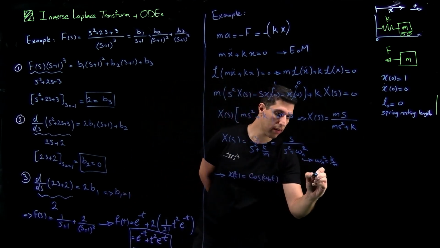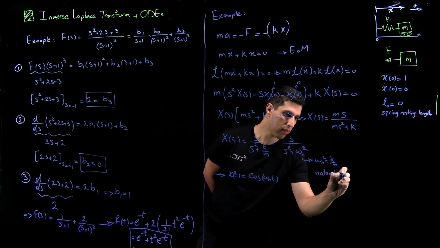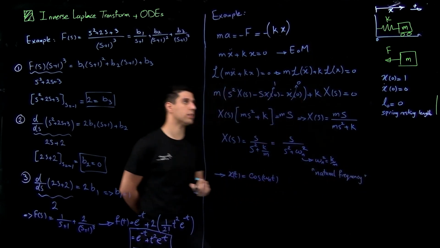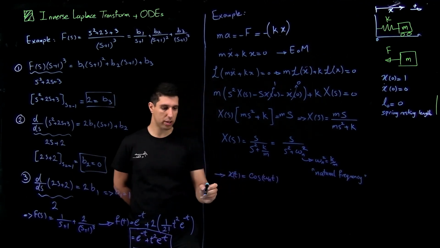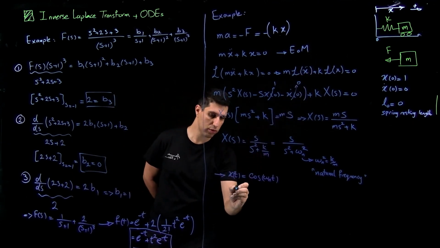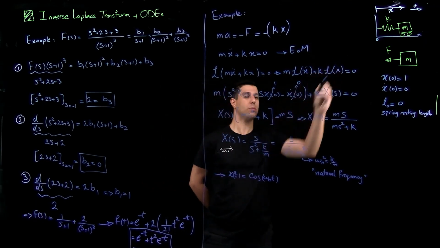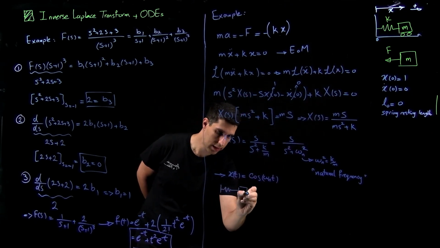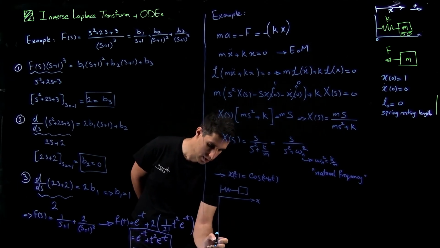This is called the natural frequency of the system. And the response turned out to be a cosine function. So I'm going to draw it slightly differently to be compatible with that shape. Originally I had this mass here. So I'm plotting x as a function of time. This is time.